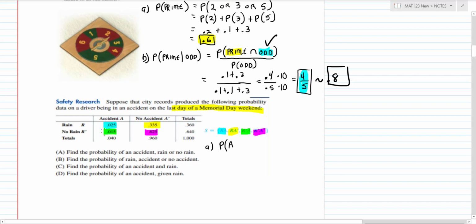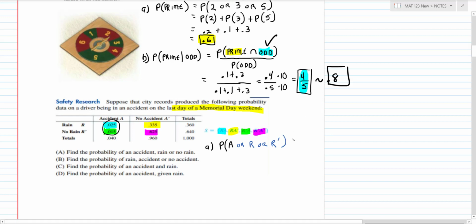Regardless of whether you have rain or no rain, so it would end up being this right here, right? So that's the probability of being in an accident. Rain or no rain, that would be a total of 0.040, okay? So that's just basically being in an accident or rain or no rain.